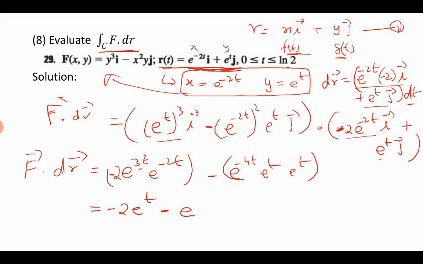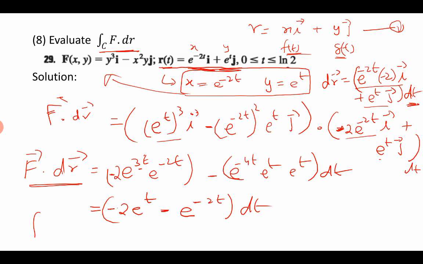That dt should not be forgotten, it will come along with this. At the end there will be dt because this is dx i and dy j times dt. This is minus 4 plus 1 plus 1 minus 2t dt. That dt should not be forgotten.